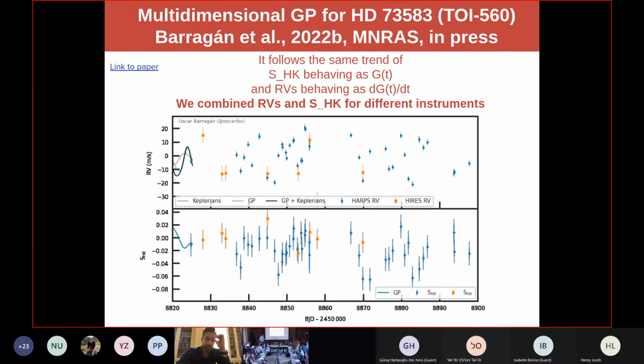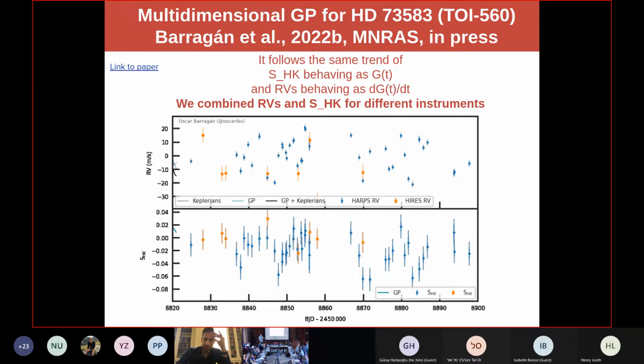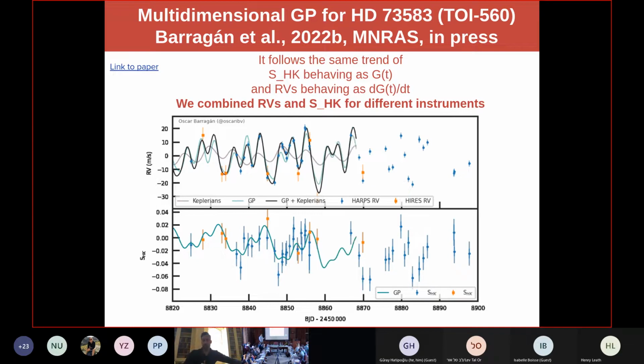Another good example of this is QI 516, which is another young system in which we have the same kind of behavior. Here it's not so easy to see that one is the derivative of the other because the signal is a bit more complex. But the important thing in this paper is that we were able to combine radial velocities and activity indicators from different spectrographs.